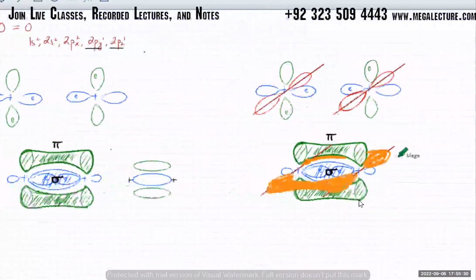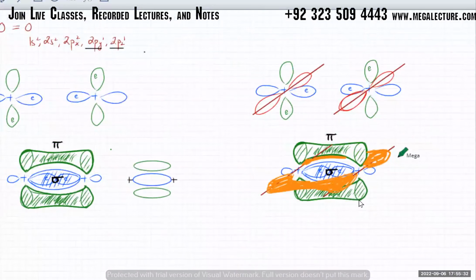So that would be what 2 pi bonds would actually look like.